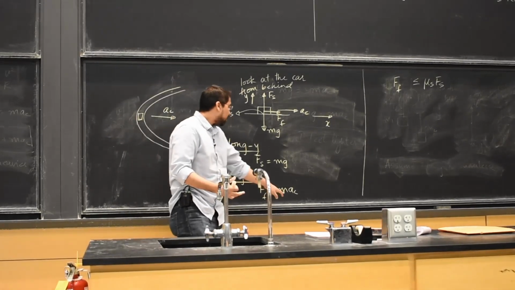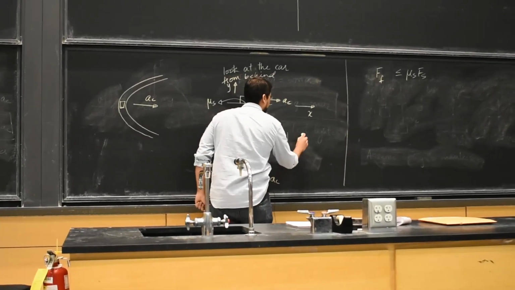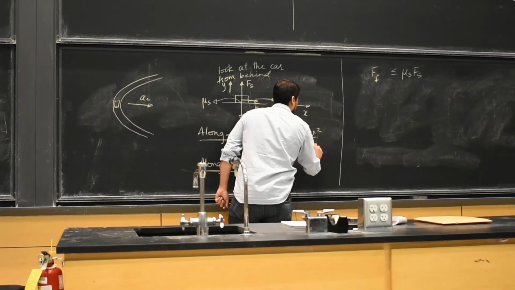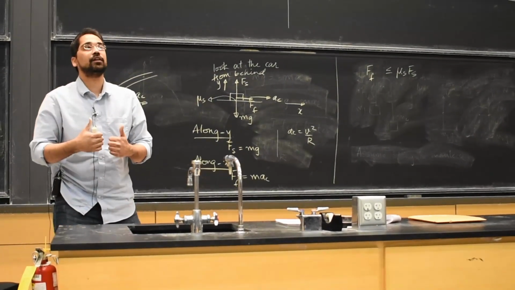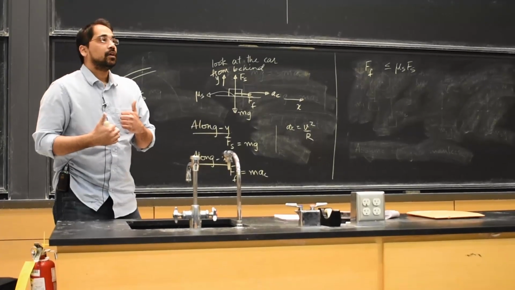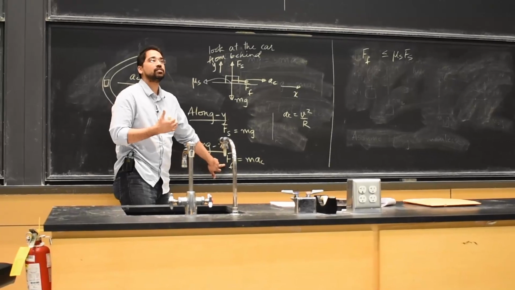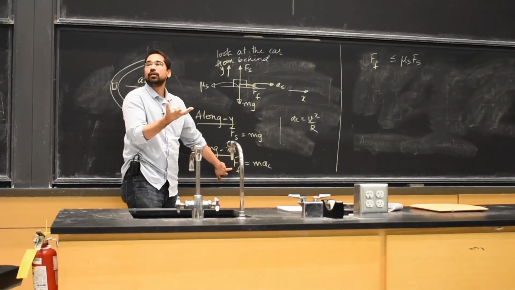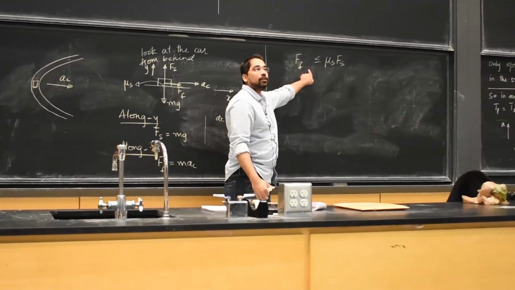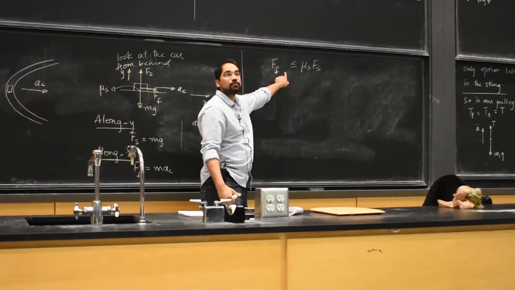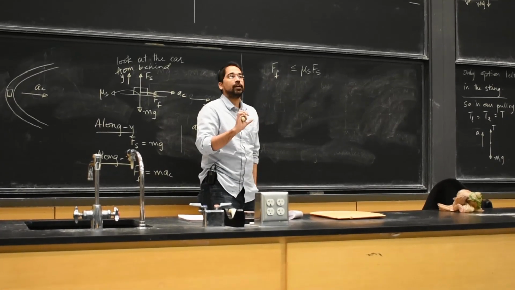I demand a much larger centripetal acceleration, because a_c goes as v squared over r, yes? So the value of a_c I need to make that turn shoots up. And the friction has to work harder to make sure I get that much acceleration to take the turn safely. But beyond a point, it can't do much. It can only be this much at most. So there is a limit on how fast I can take a turn.